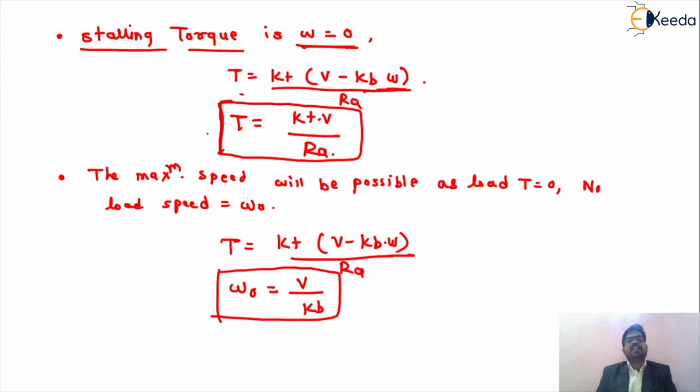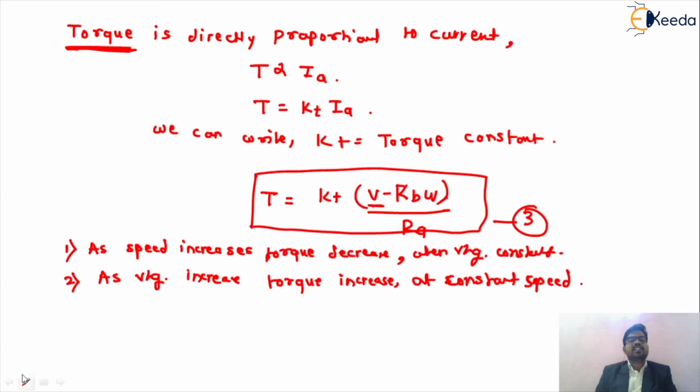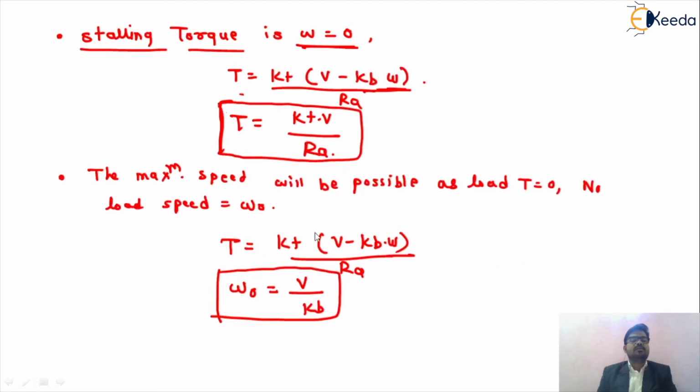From this equation we can say that the torque-speed characteristics of the BLDC motor will be similar to the conventional DC motor, because from the torque and speed relationship of the BLDC motor we can simply draw the torque-speed characteristics. So what does it mean? This is the torque, this is the speed.